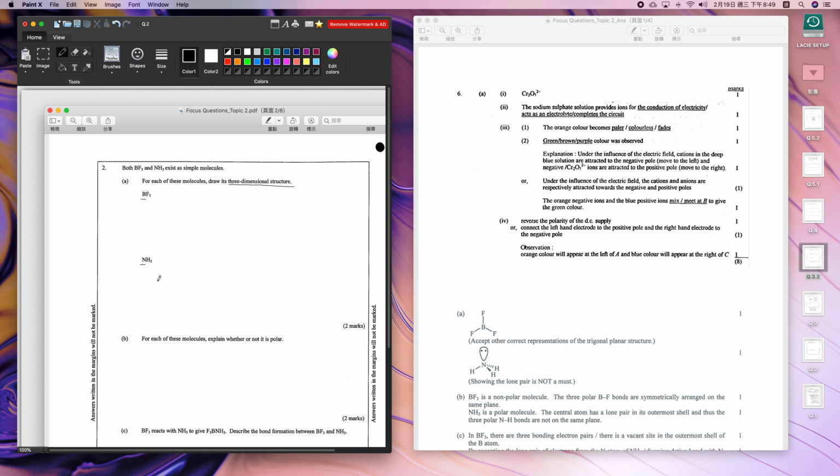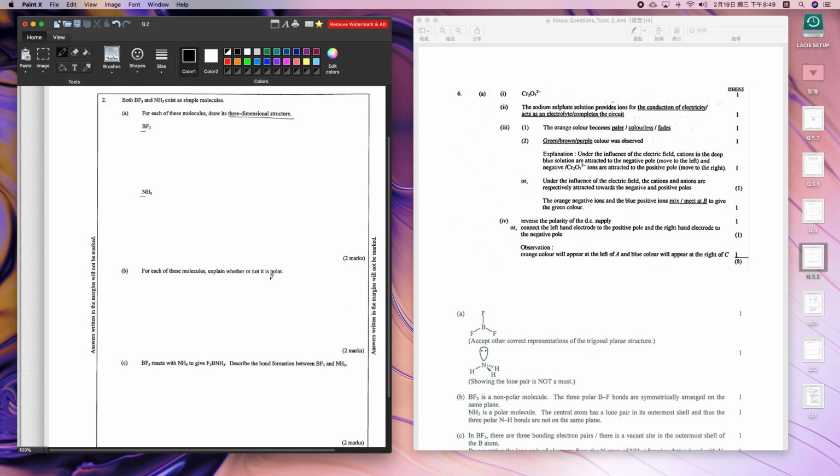And then we have to consider the number of bonding pairs and lone pairs. For example, in boron trifluoride, there are only 3 bond pairs. That's why the geometry is trigonal planar. In the second case, there are 3 bond pairs, but also 1 lone pair. That's why the geometry is pyramidal.